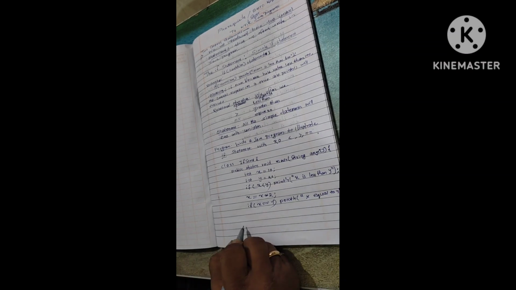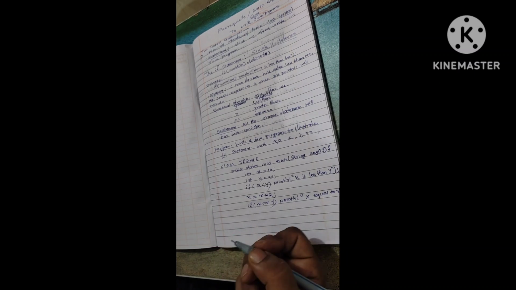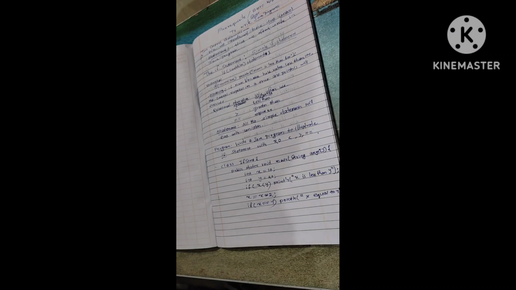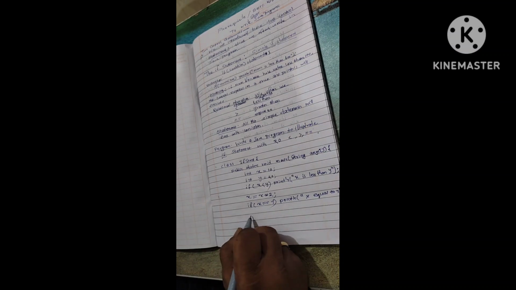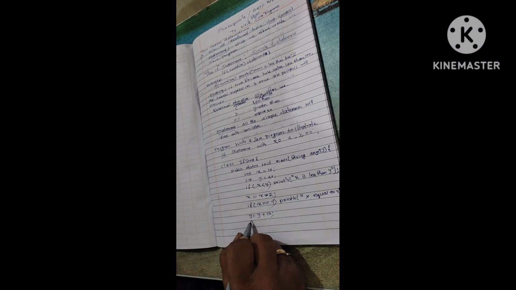Now suppose I write y = y + 10. Now what is the content of y? It is equal to 30. So now we are comparing here.